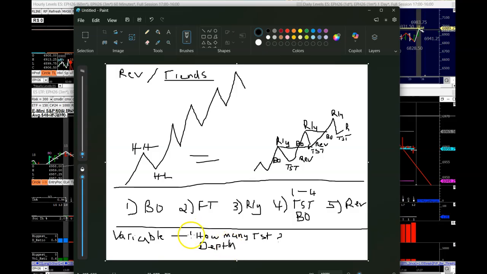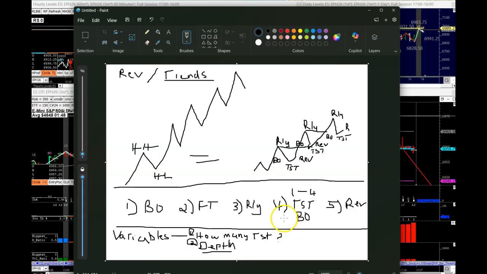So these are 2 unknowns when it comes to pullbacks. When you're doing pullback trading, there are 2 key unknowns: how many tests and the depth, meaning the amount of retracement the test is going to take. Those are variables.